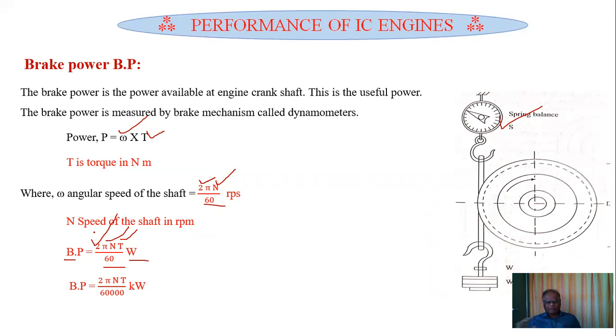We are measuring the power at the crankshaft. The power developed inside the engine cylinder, either in a 2-stroke or a 4-stroke, reaches the engine shaft. Hence, we are measuring the power at the engine shaft. There will be no change in speed to measure the power. This is how we can calculate brake power of an engine.